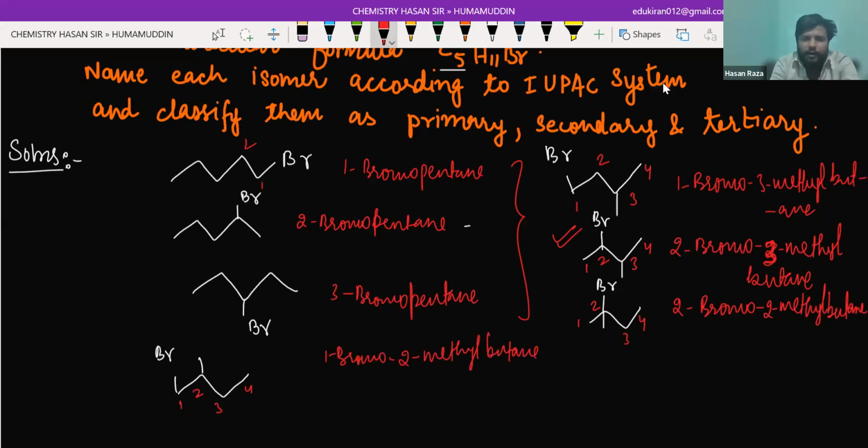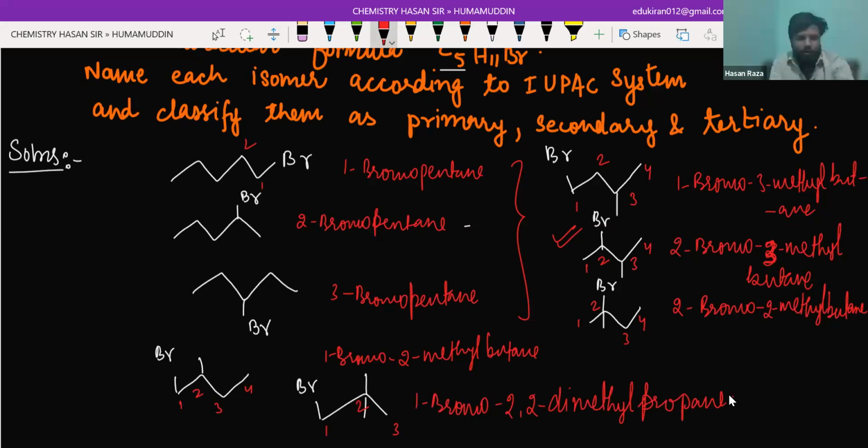And the last one, which is very, very easy. No, not like this. Just wait a minute. Bromine is here and methyl, I'm going to make it first. So 1, 2, 3. Its name will be 1-bromo, 2, 2.